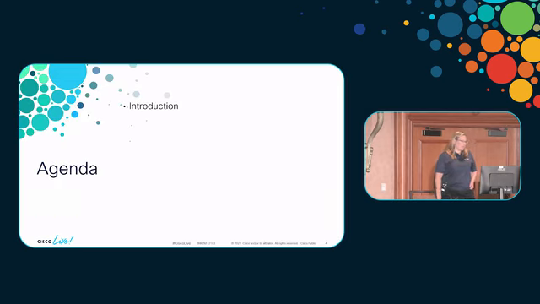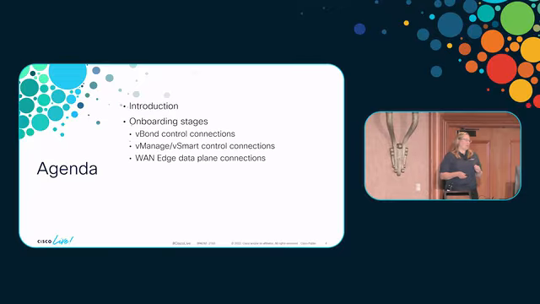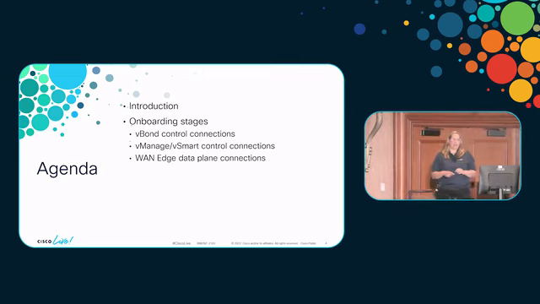Okay, so let's talk about what our agenda looks like for today. When we talk about WAN Edge onboarding, what we're talking about is we have a WAN Edge router we're pulling out of the box, and we are getting it up, online, engaged, and fully participating in the Cisco SD-WAN fabric, right? There are three distinct stages in onboarding, and I broke it down into the vBond control connections, the vManage vSmart control connections, and then lastly the WAN Edge data plane connections.